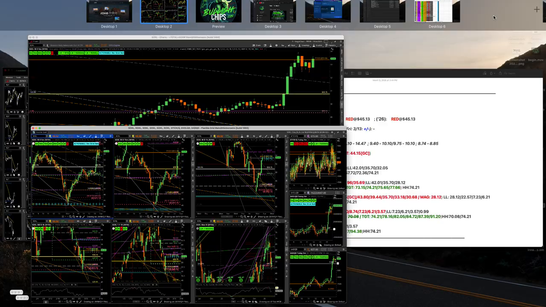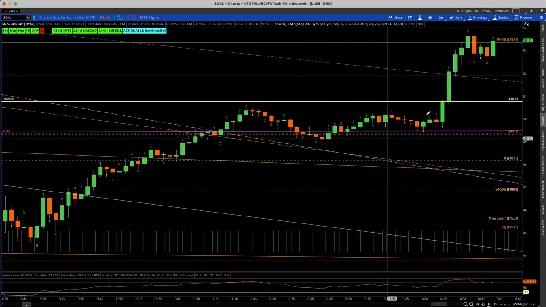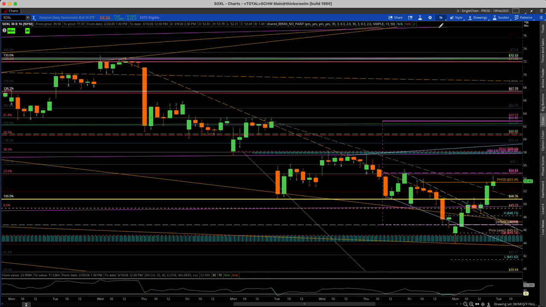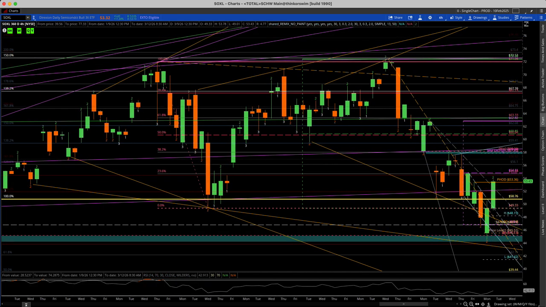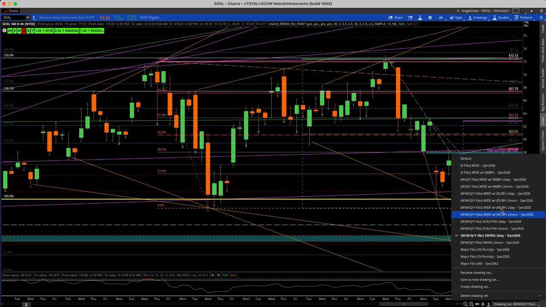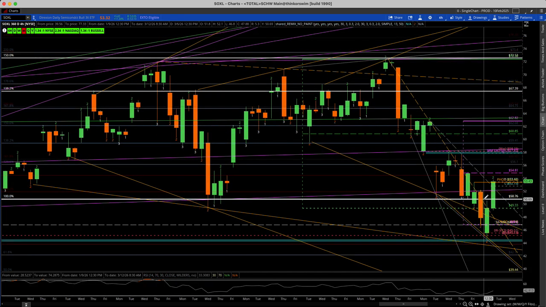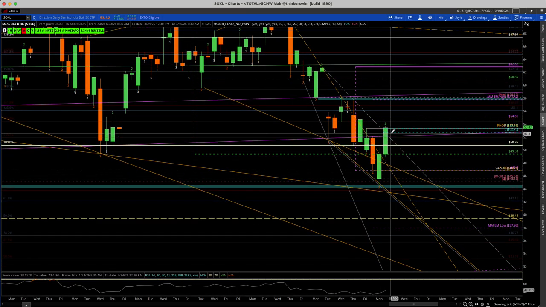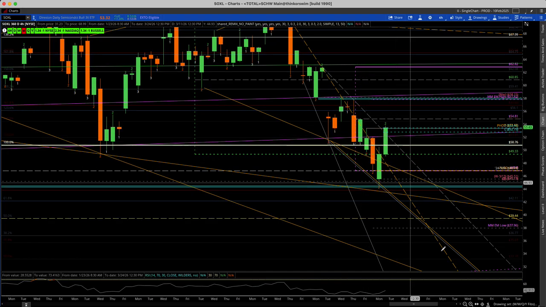Let's go back to the big chart here. We looked at the 15-minute and 1 hour, and how we got those higher lows. If we go to the 4 hour, we can see that we had this 2 down, 2 up that actually went high enough to trigger this combo 2 down, 2 up.